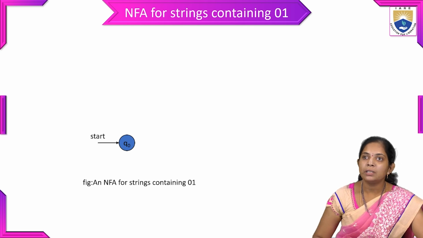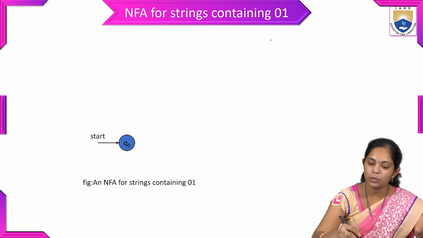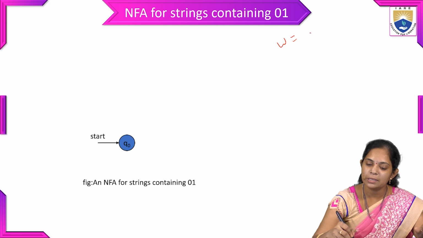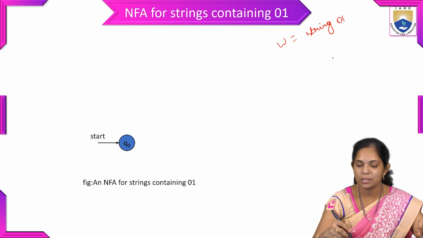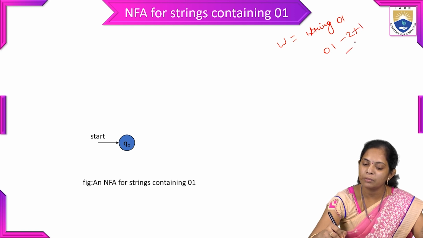W is the string containing 0, 1, which should reach the final state. The minimum length is 2, so we have to add one more state, Q3.